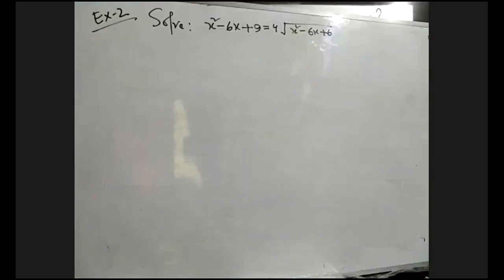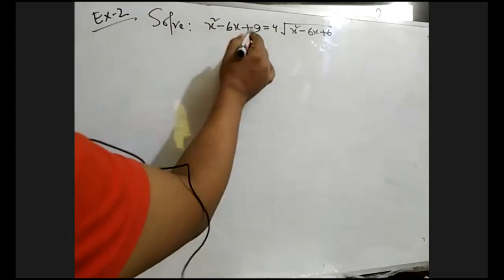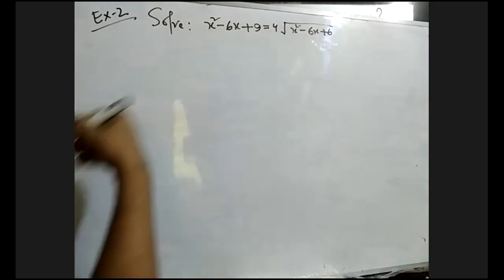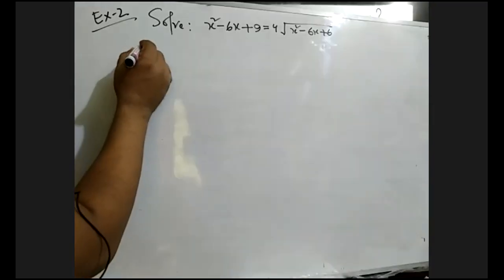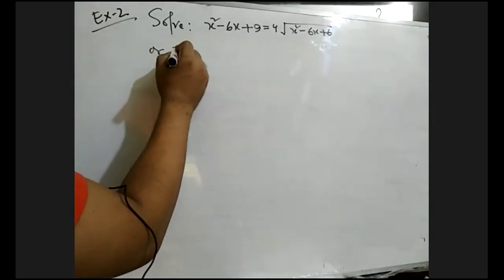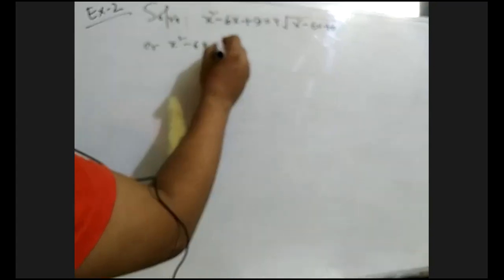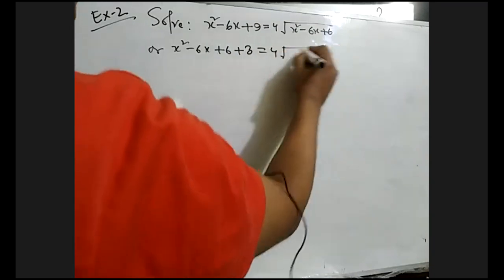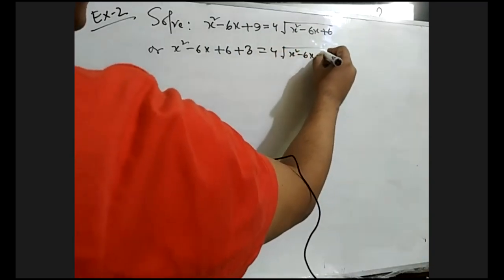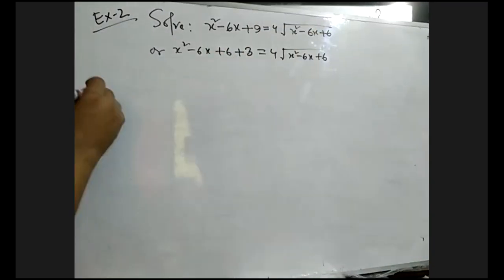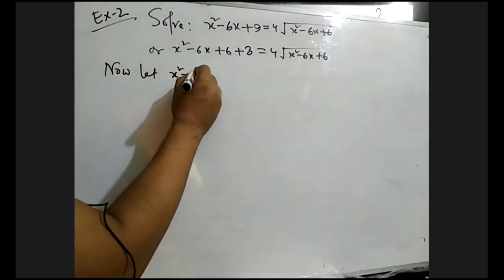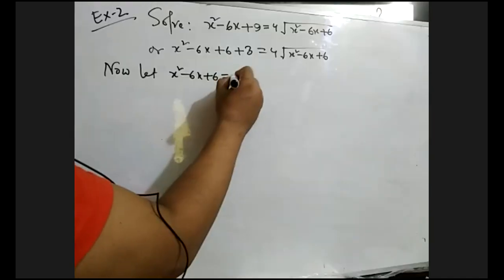Okay, now example 2, x square minus 6x plus 9 equals 4 times square root of x square minus 6x plus 6. This line can be written as x square minus 6x plus 6 plus 3 equals 4 times square root of x square minus 6x plus 6. Now let x square minus 6x plus 6 equal m.